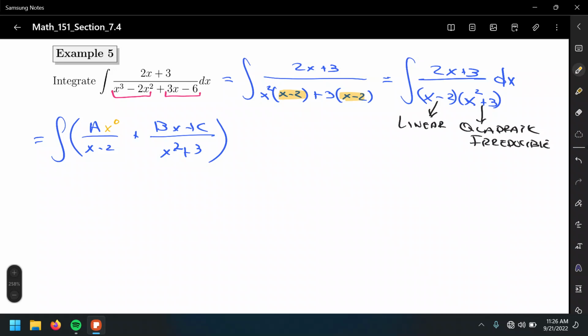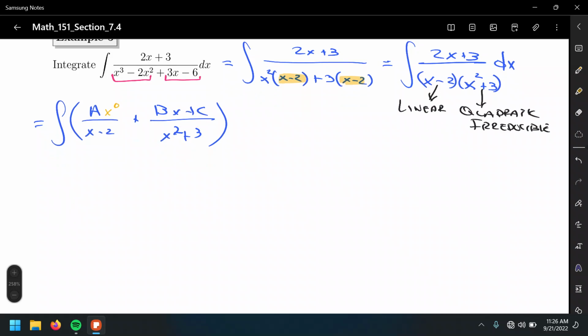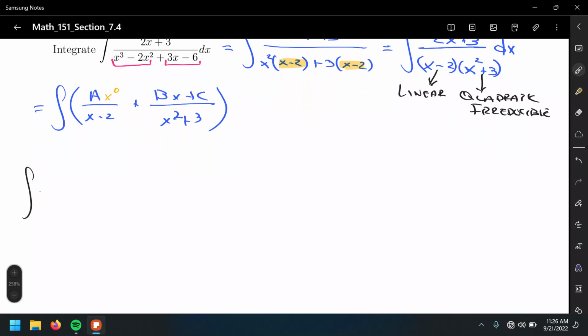Now, let me make up something crazy here. What about the integral of, I don't know, 7x cubed plus 4x minus 3 over, let me think of something interesting. Yes.